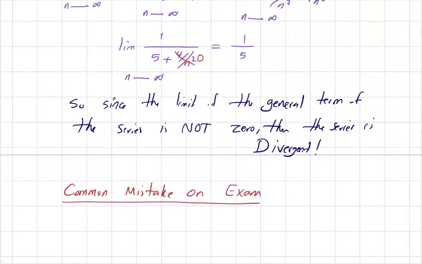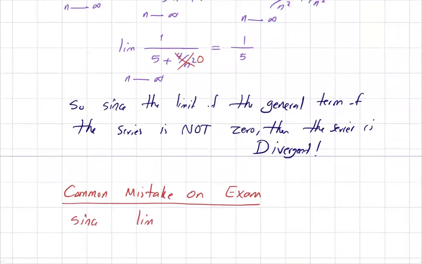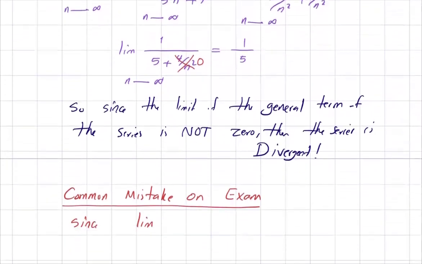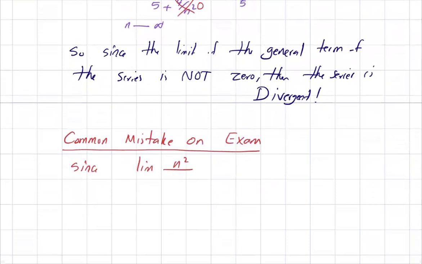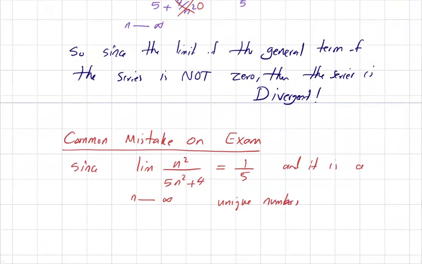Usually a student writes, since the limit of n squared divided by 5n squared plus 4 as n goes to infinity is equal to 1/5, and it is a unique number, so the series is convergent.